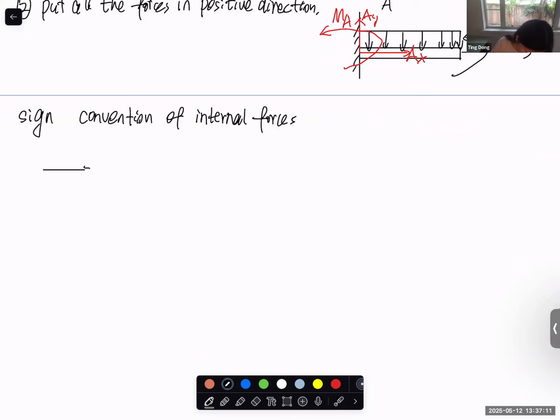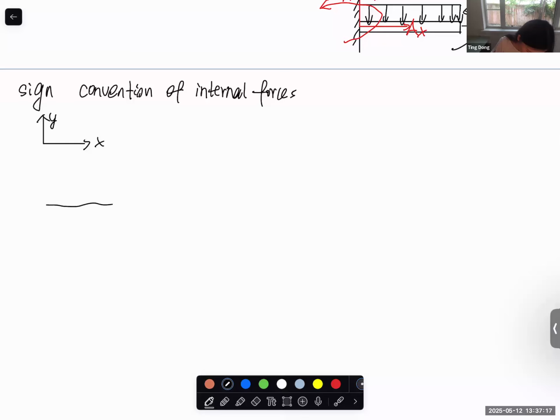Again, let's assume that this is the global X, global Y. For tensile and compressive, this one is simple. We know that tensile always generates positive internal force and compressive always generates negative internal force.